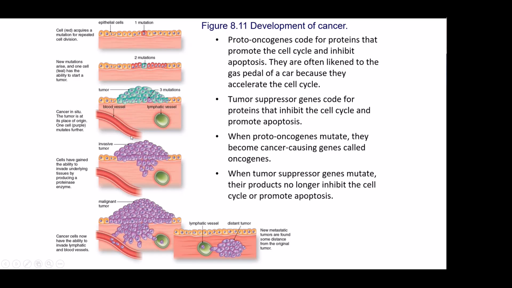And within those, that can lead to the proto-oncogenes becoming wholly active oncogenes, and they could then enter into the body in a variety of ways, into the bloodstream, into the lymphatic stream.